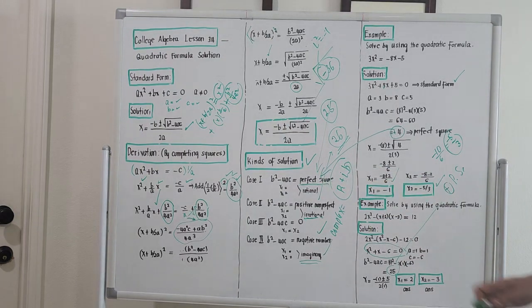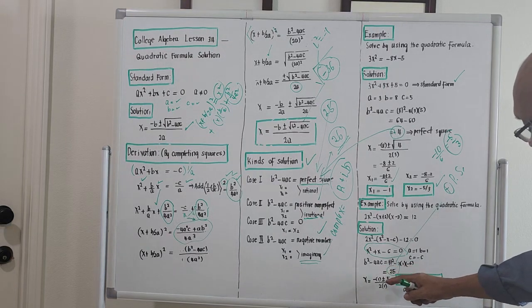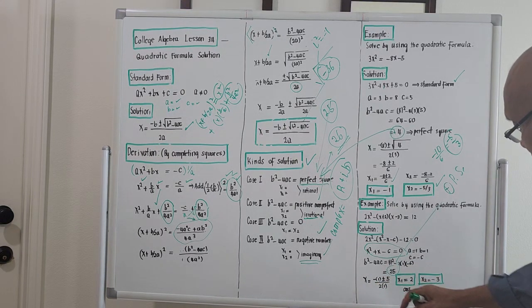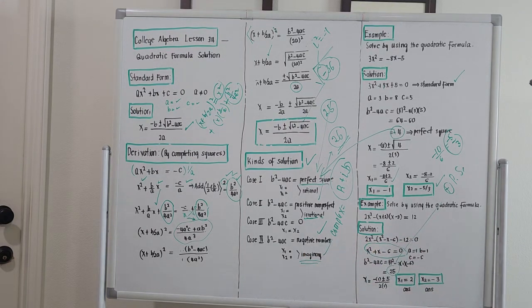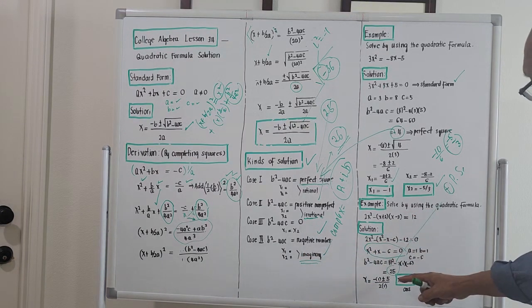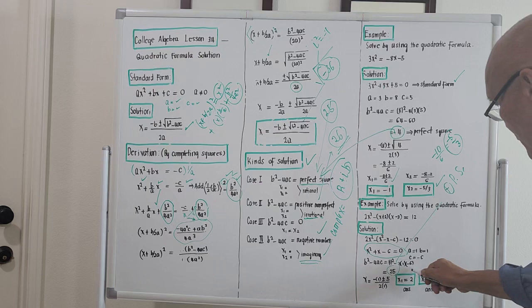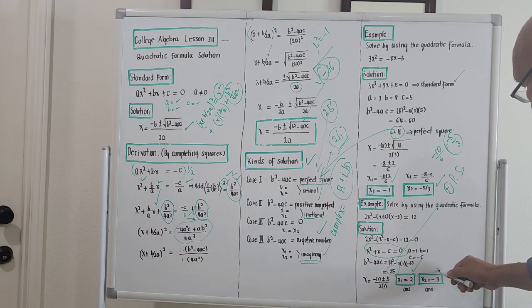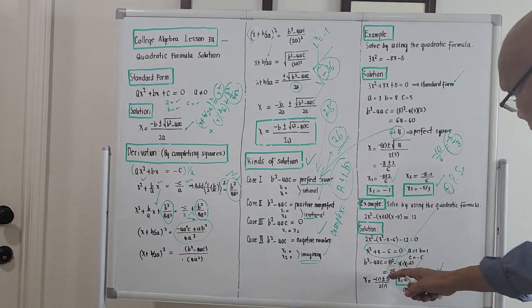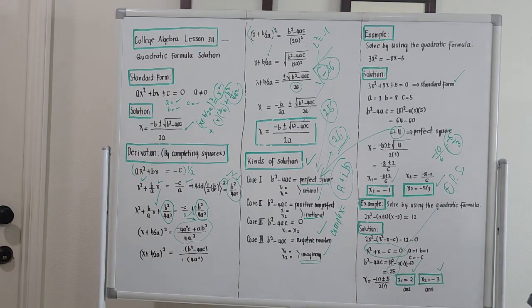So by using this quadratic formula, this should be negative open quantity 1 plus or minus, okay, we will go automatic, we lack space already. The square root of 25 will be plus or minus 5 over 2 times 1. And x1 will be positive 2 by using the positive sign. And x2 will be equal to negative 3 by using the negative sign. Negative 1 minus 5 will be negative 6 over 2. That will be negative 3. Okay, that's it, guys.